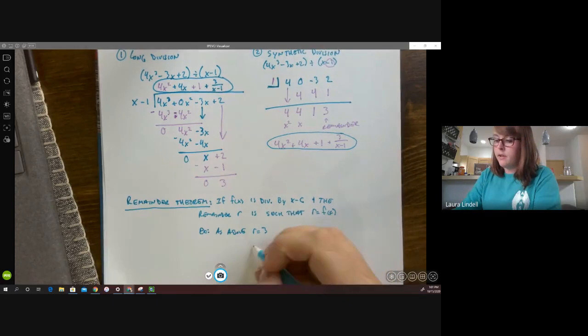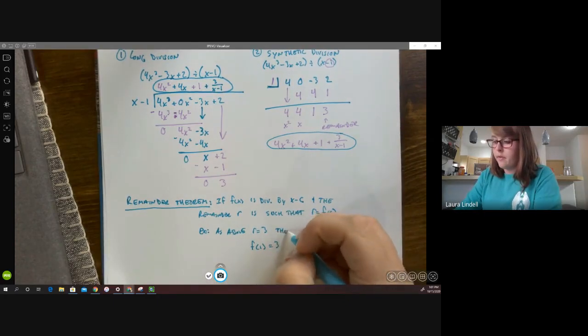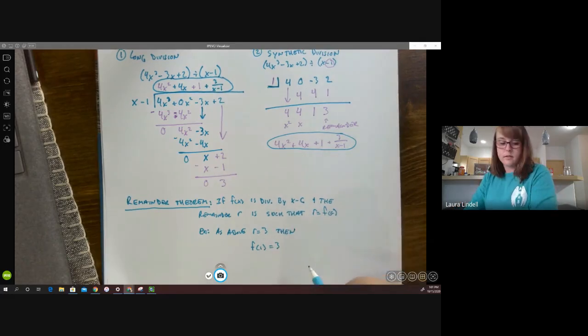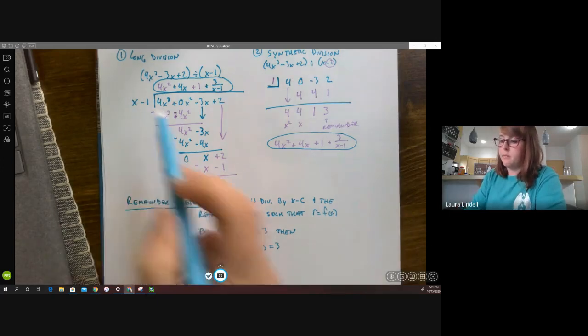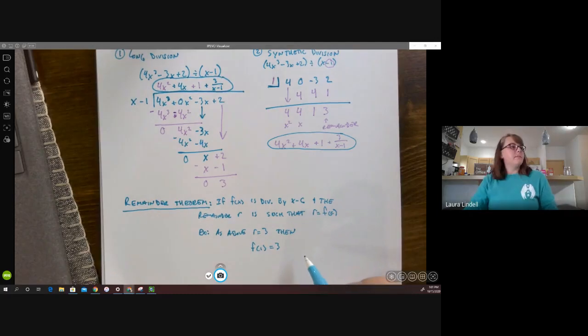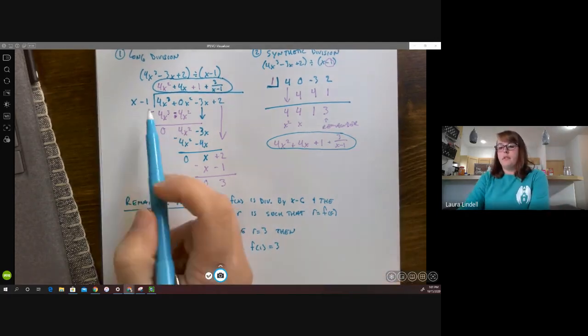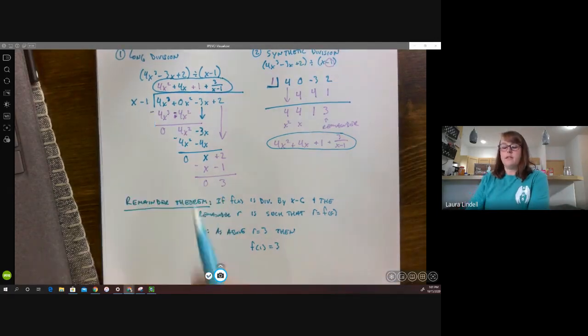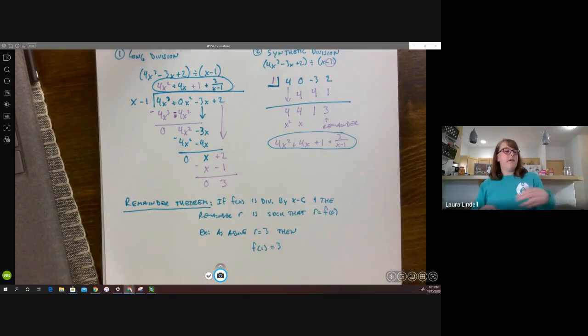So that would tell me that f of 1 is equal to 3, since we were dividing by x minus 1. So whatever the remainder is, the value that you're dividing by, the function evaluated at that value is equal to the remainder.